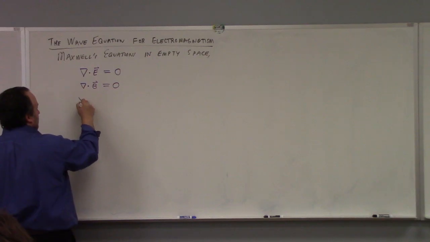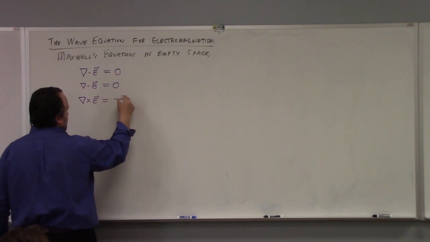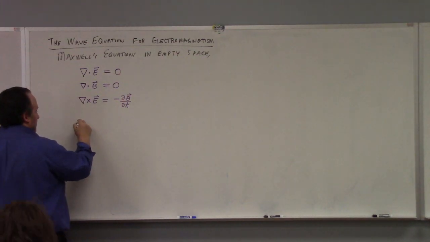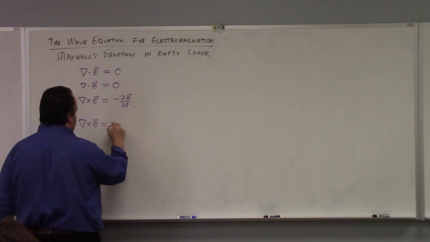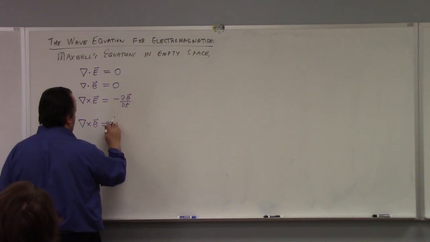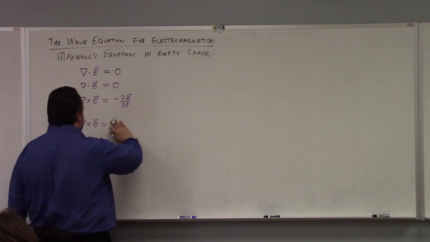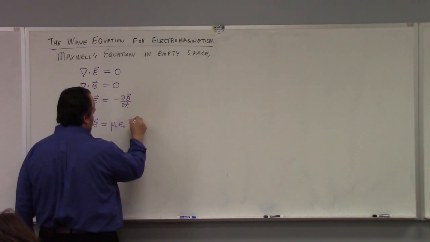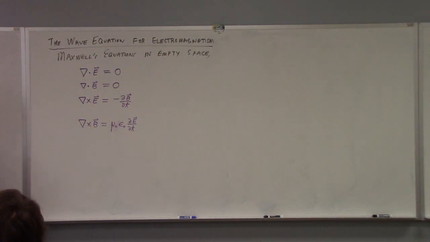The curl of the electric field is minus the time rate of change of the magnetic field. And finally, the curl of the magnetic field is, minus, or is it plus? I'll check on it. Yeah, plus: mu naught epsilon naught, partial E partial t. So these are Maxwell's equations in empty space.